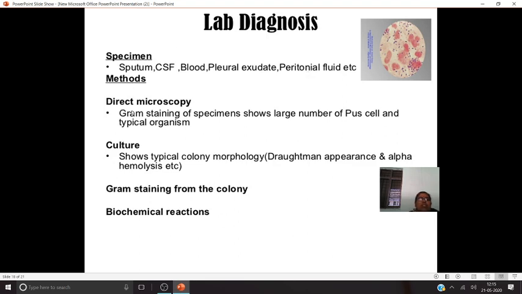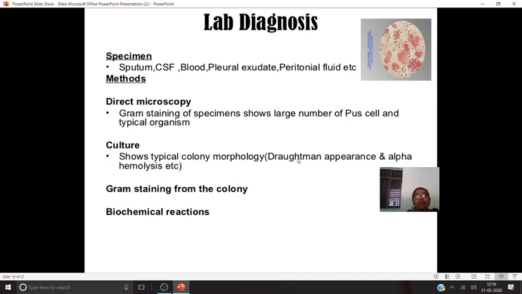Then what are the methods? Under the direct microscope, we see the Gram staining of specimens with a large number of pus cells. In this figure, all these are pus cells. And the typical organism: if you see the colonies, we already discussed the culture, typical colony morphology, Draughtsman appearance, alpha hemolysis, just like coins. The surroundings are flattened and the center is depressed because of hemolysis and autolysis, like a Draughtsman or coin appearance.